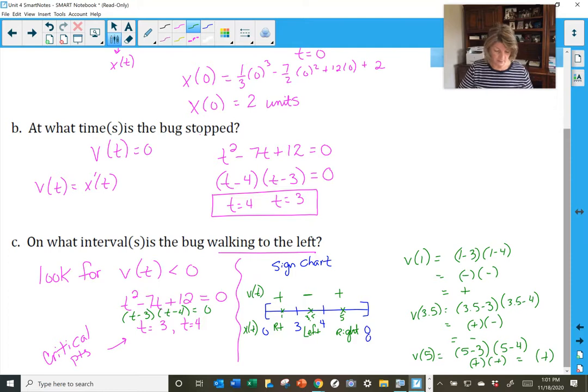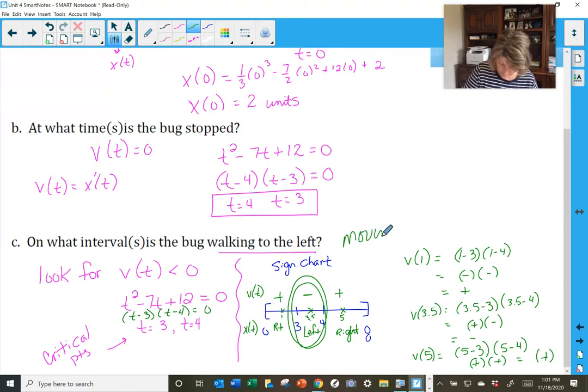Didn't tell us. So when is it moving to the left? Well, the only interval that I can see that it's moving to the left is between 3 and 4. Where are we going to put that down at? Moving left on time between 3 and 4. Okay?